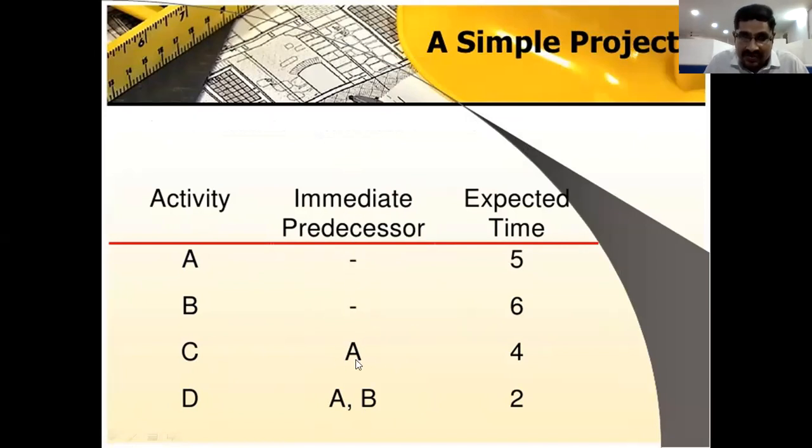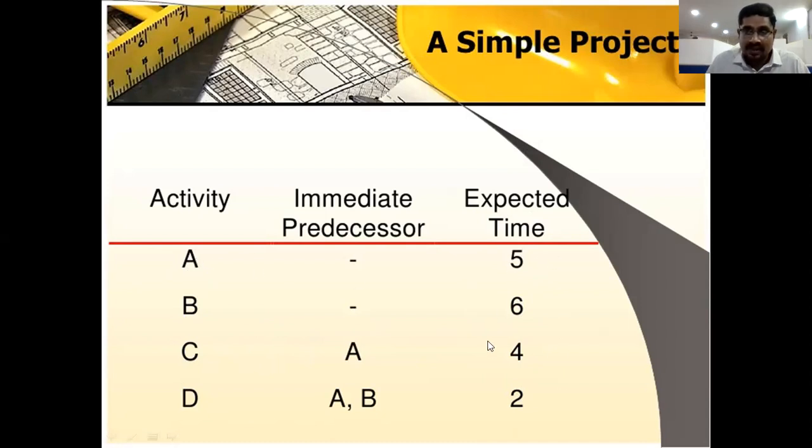First of all, this we should complete, then only this activity will be performed. This is the expected time for each and every activity. Suppose activity A takes 5 hours, activity B takes 6 hours, activity C takes 4 hours, and activity D takes 2 hours. So these are the completion times for each activity.